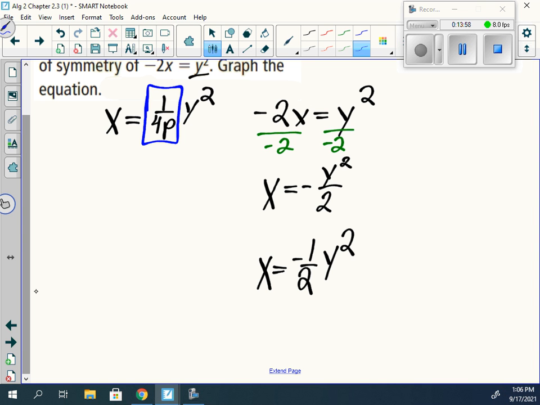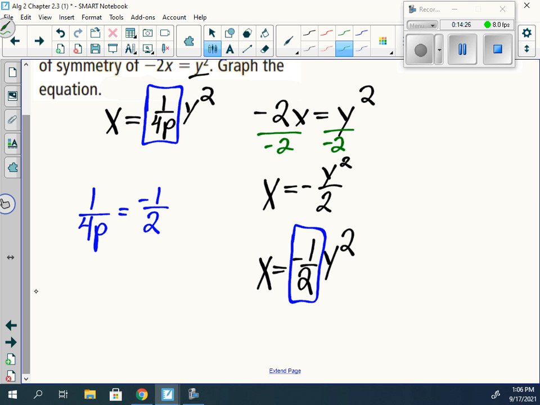And in our setup, x equals, we have that, yes? We do have the y squared, and then we have a number being multiplied in front of it, yes? In the general equation, that number is 1/4p. Here we have -1/2. So if I want to find out what the value of p is, I can set 1/4p equal to -1/2.